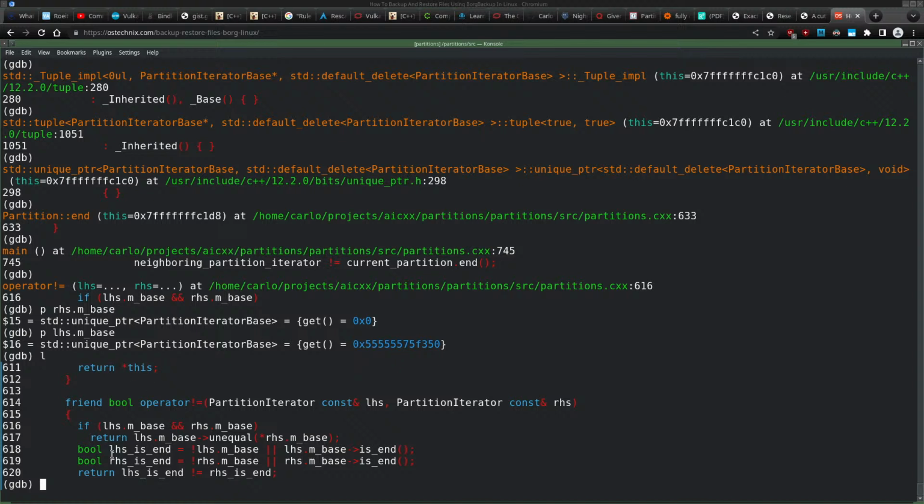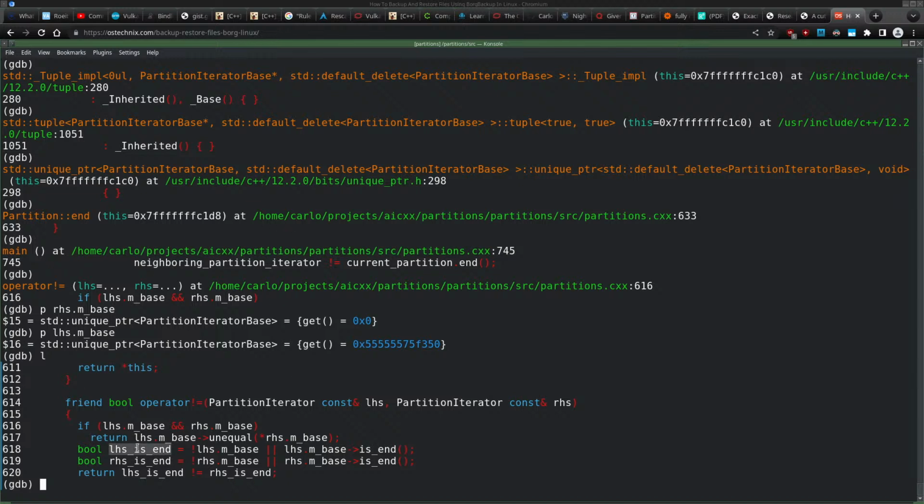Now the right hand side does not have a base, so this is true. So this becomes true, and this should also become true, and therefore the unequal operator should return false, and therefore we should exit the for loop, but that doesn't happen.